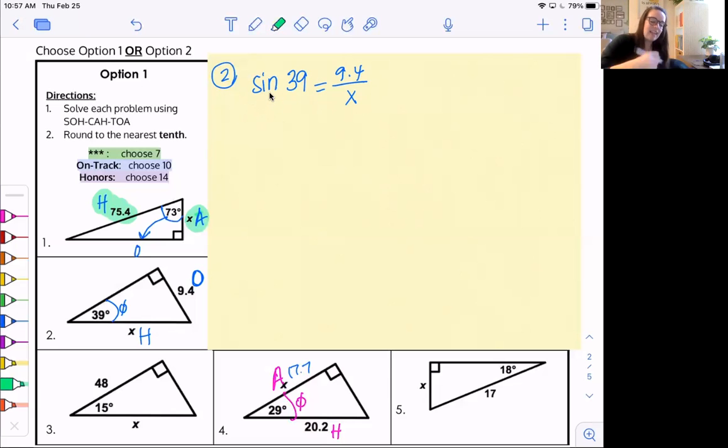So I like your guess and check, but an easier way is to say, okay, if O is 9.4 and H is X, then I want the one that has O and H in it, right? TOA has O and A, it doesn't have the H. Cosine has A and H, it doesn't have the O. Sine with the S has O and H. So that tells me, oh, I have to use sine.